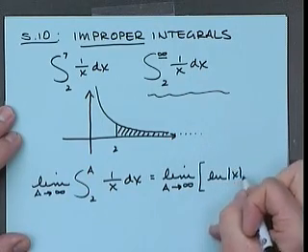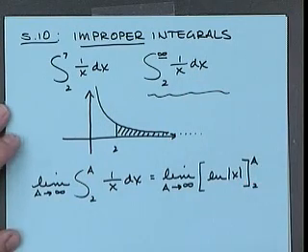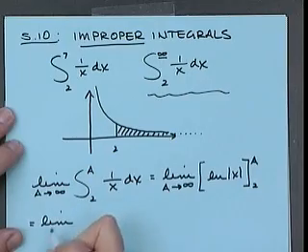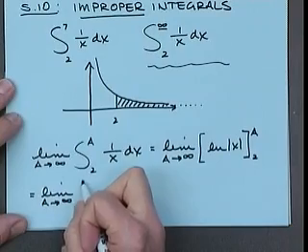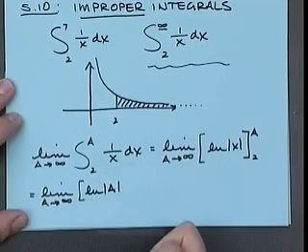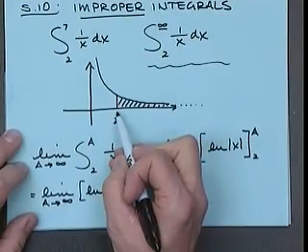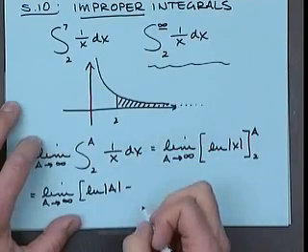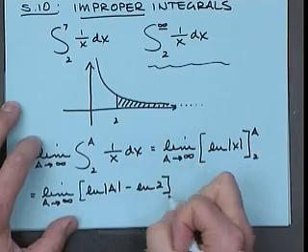That's the natural log of the absolute value of x. We evaluate it from 2 to a. So that is the natural log of the absolute value of a. I don't think we have to worry too much about absolute value here because we're starting at 2 and moving to the right, so it's almost irrelevant. When we put in 2, we get natural log of 2.